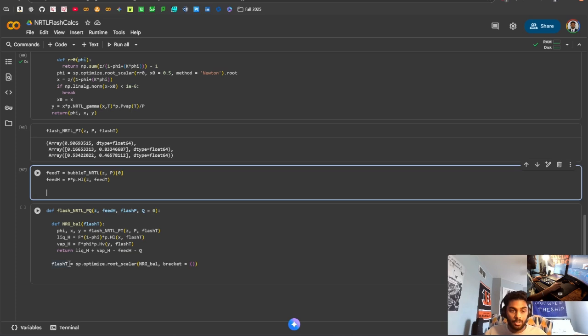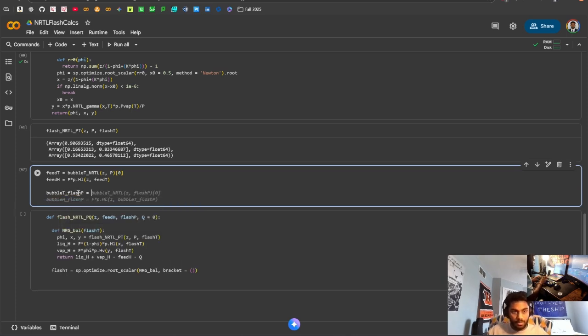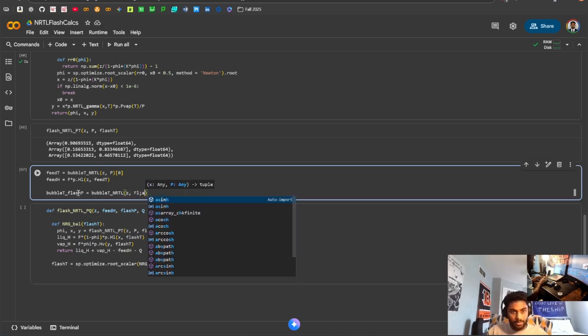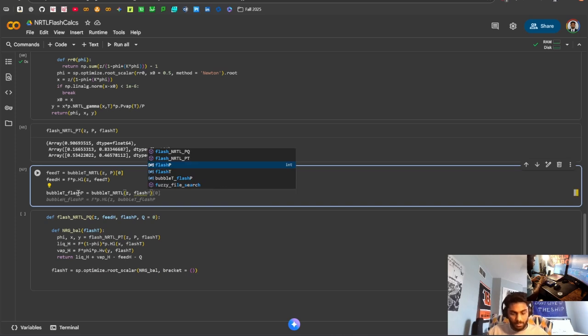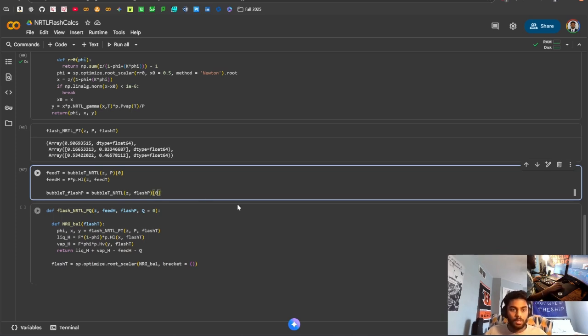Well, we want our flash temperature to be between our bubble temperature at the flash pressure and the dew temperature at our flash pressure. So we can actually calculate these beforehand. So let's go bubble T at flash P. That's going to be our bubble temperature using our NRTL model, given our composition, flash P, and it's going to be at first, that first value that gives us our temperature.